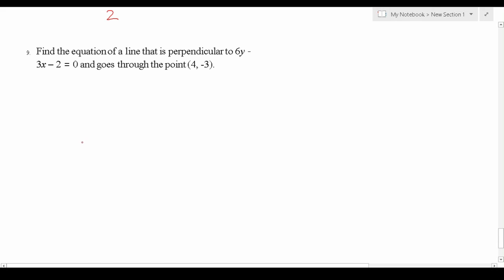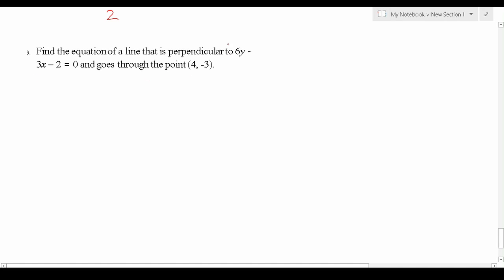So this last problem is very similar. It says find the equation of a line that is perpendicular to 6y minus 3x minus 2 equals 0 and goes through the point (4, -3). Again, this one is given to you almost in standard form, but it's not really in any form at this point.